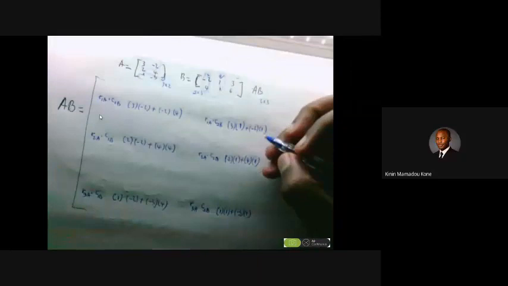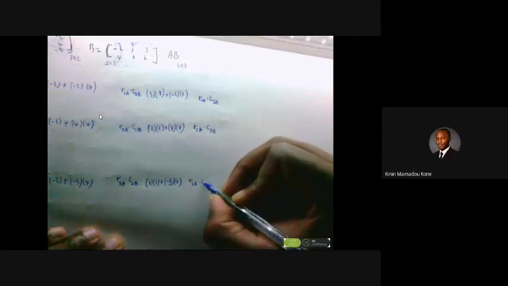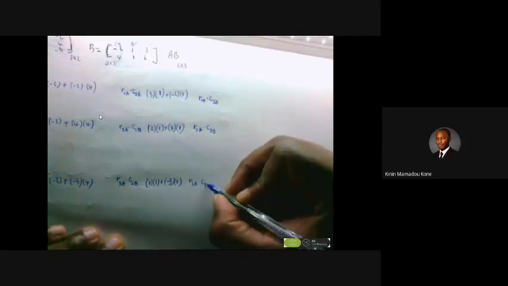Let me write it in terms of formula, kind of. Row 1 of matrix A times the third column of matrix B. Row 2 of matrix A times the third column of matrix B, and then row 3 of matrix A times the third column of matrix B.